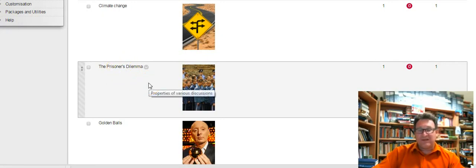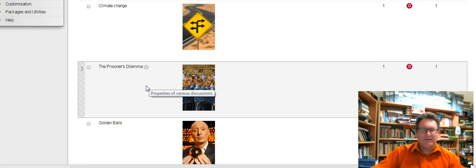Then we've got the prisoner's dilemma. I'll leave you to go and look that up in your textbook, what the prisoner's dilemma is. But in this thread, there's a little bit of material to have a look at or have a read of, and it's an article about prisoners who are asked to play the prisoner's dilemma. You might think, well, so what? Well, if you look up the prisoner's dilemma, you'll see why that's a kind of funny thing, sort of.